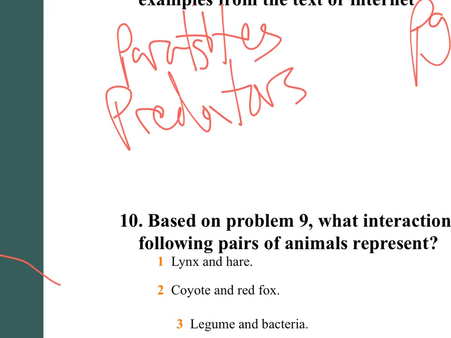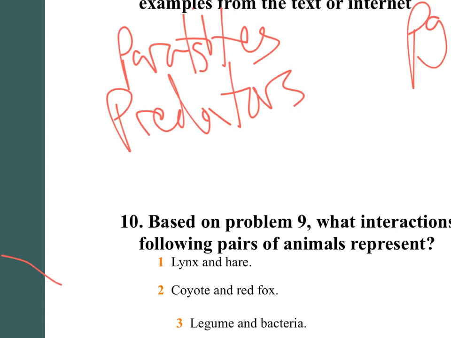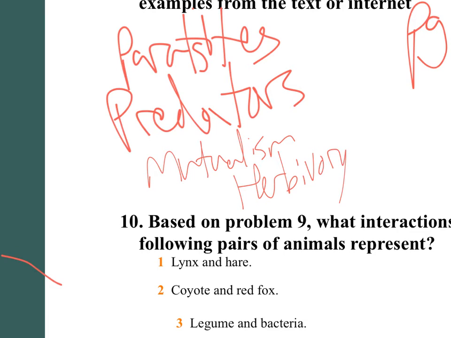I didn't think they would put herbivory in there, but yeah, mutualism and herbivory. And I'm going to give these letters so we know what we're working with. This is P1, P2, M, and H.